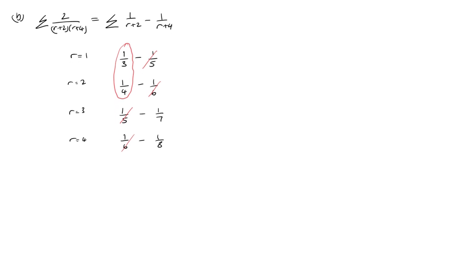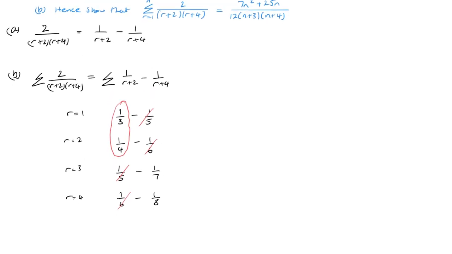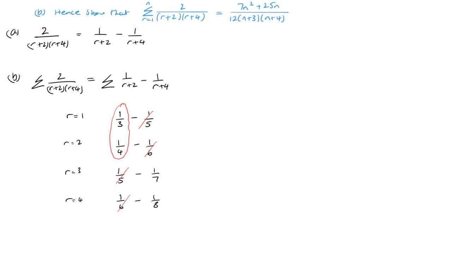So we want the last 2, so that's going to be r equals n minus 1 and r equals n.